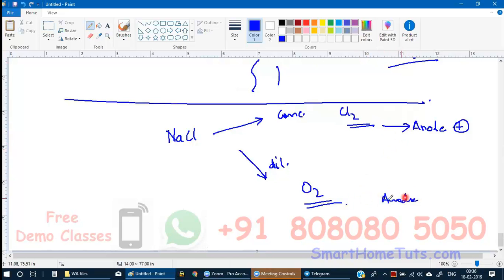The oxygen part won't be asked, but balancing with OH minus ions can be asked. When they ask balancing, they give all the reactants and products, and balancing is asked. This equation is given to you, and you have to balance it.